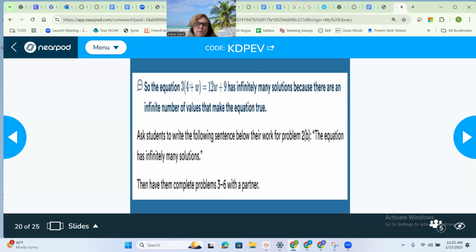Remember, when you multiplied this out, you got 12 plus 3W equals 12W plus 9. We did this one in the other part of the equation, right? In the chart.